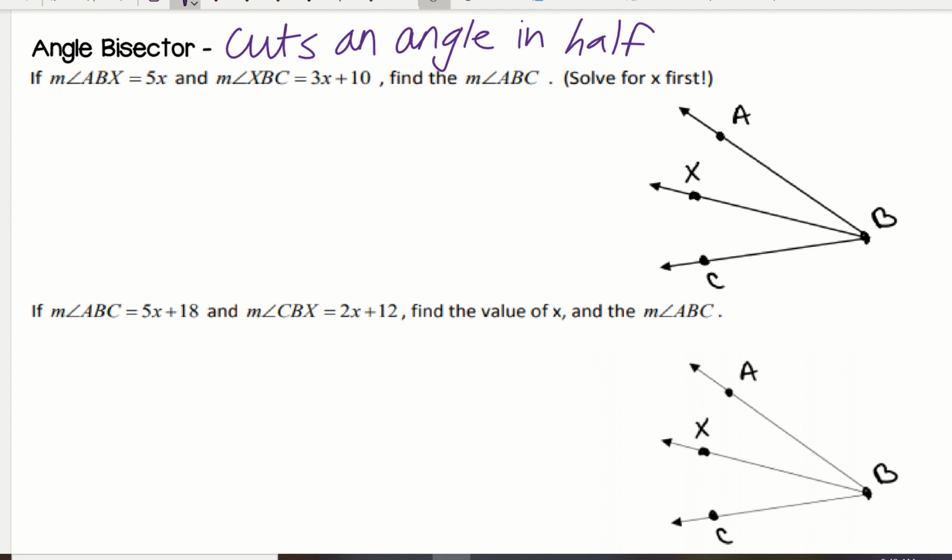All right, so for that first example, we are going to assume, it didn't tell us this, that ray XB is a bisector, because that's the only way that we can figure this out.